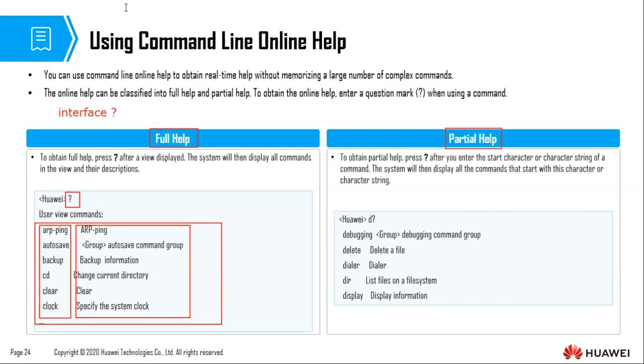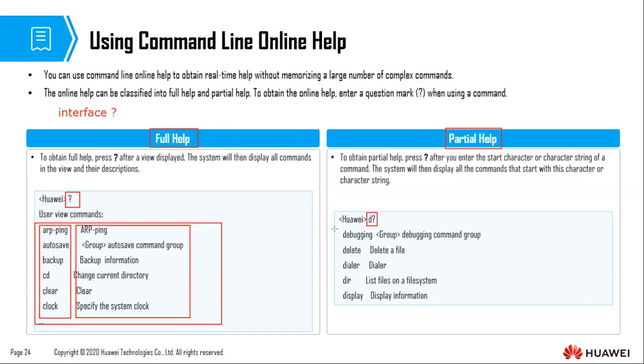On the other hand, with partial help, you can remember some bit of the command but not the whole bit. So for example, we are on user view and we type letter D, then question mark, then enter.